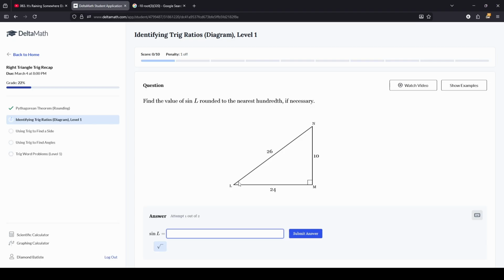And since it's sin, we want 10 and 26. And so because of that, S goes at the top. S is the bottom, 10. Wait. Yeah, okay. S is the bottom one. And then the IN is 26.